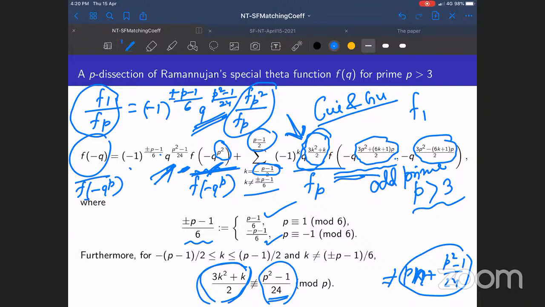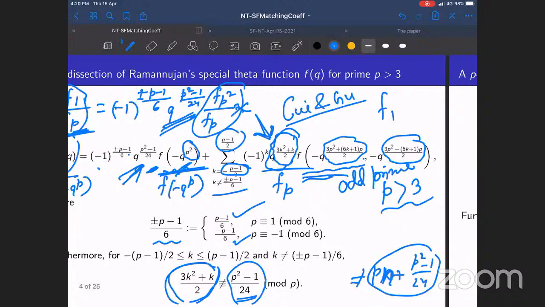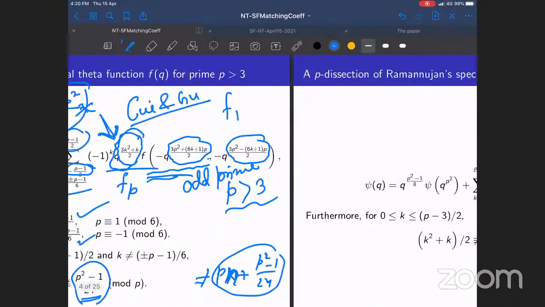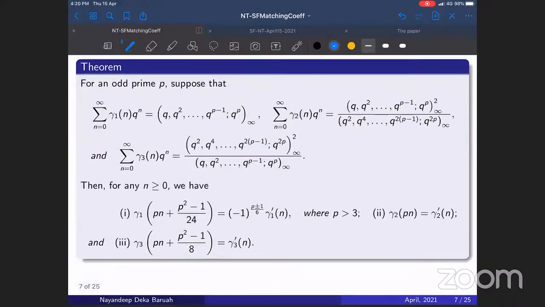So therefore, this one is just inverse of this. Okay, so therefore we can find matching coefficients of f1 by fp. If we equate the coefficient of q power pn plus p square minus 1 by 24. So that is the theorem. You see, this is the theorem, first theorem.